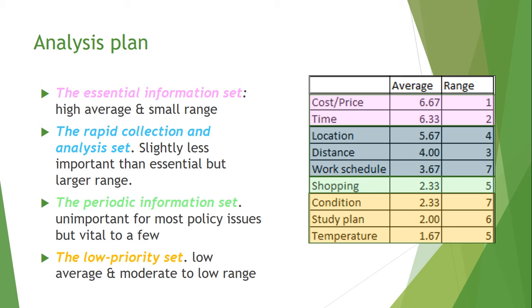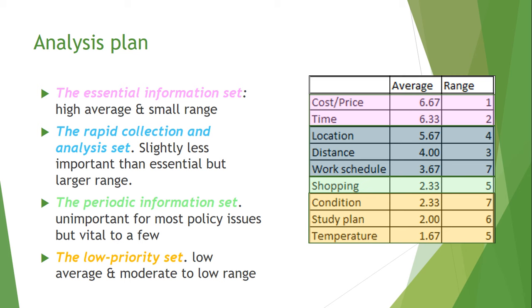The rapid collection set analysis, which is slightly less important than essential but has a larger range, were the location, the distance, and the work schedule. As you can see, the average is high, but the range is also high.